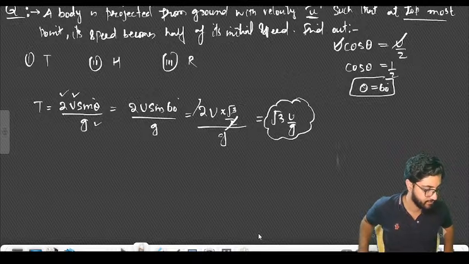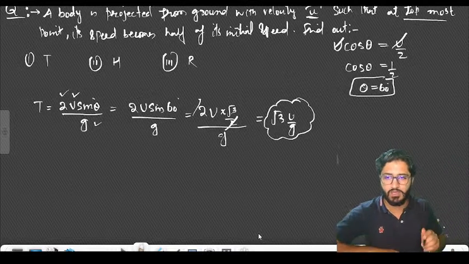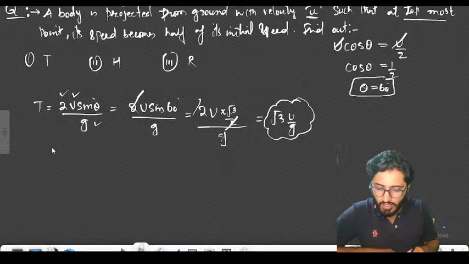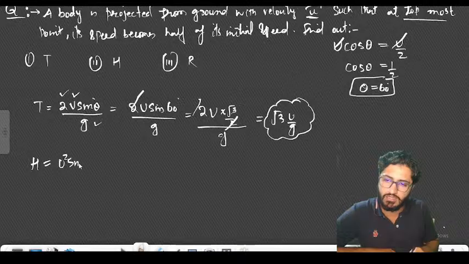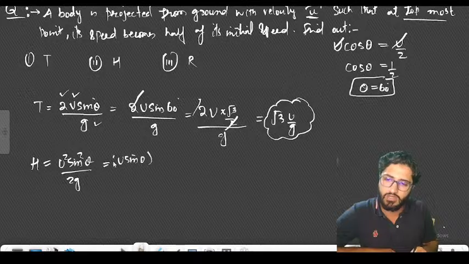Okay, look now. How to find h? h is u square sine square theta divided by 2g, or I can write u sine theta whole square by 2g.